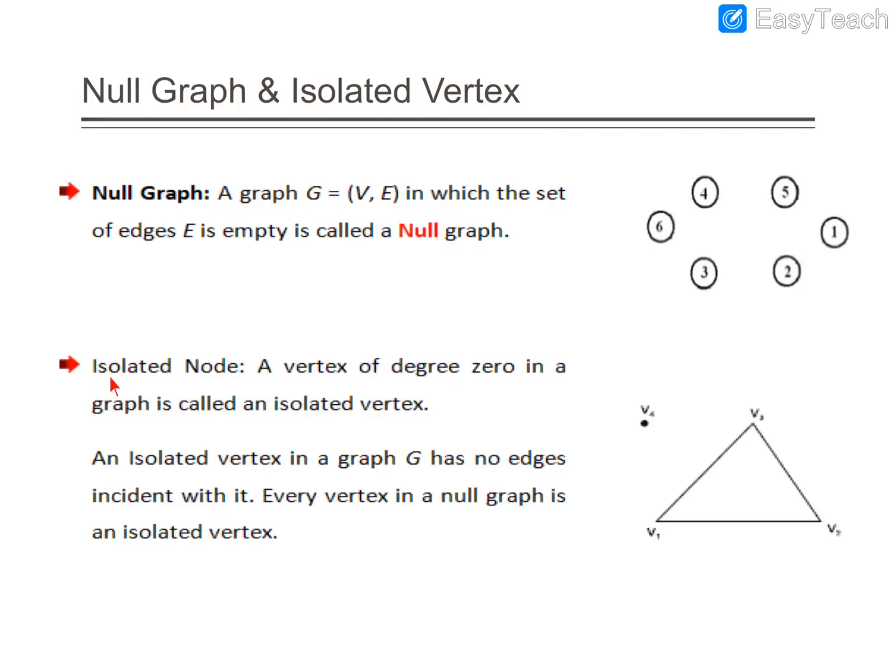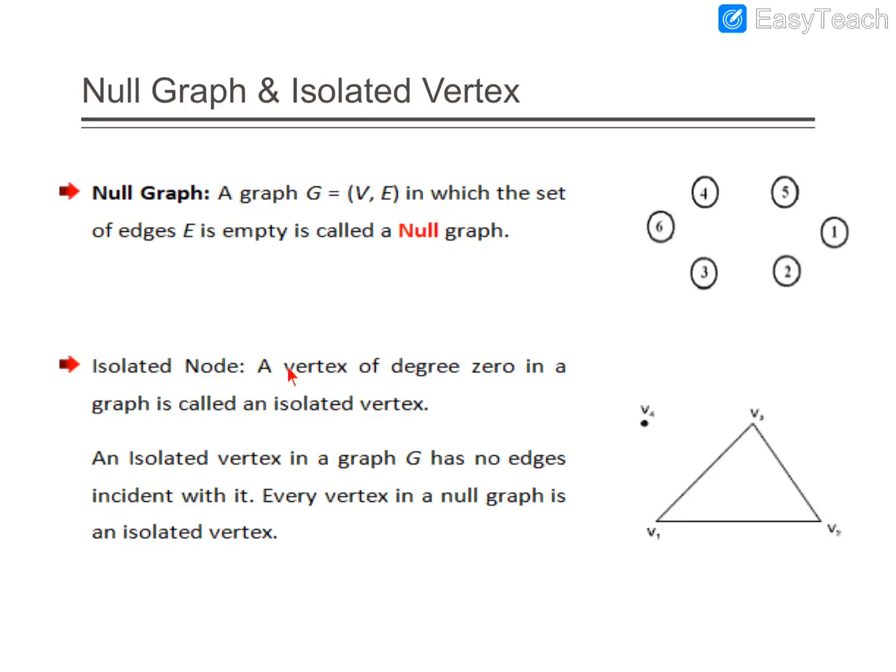Now, what is an isolated node? A vertex of degree 0 in a graph is called an isolated vertex. So in the given graph, V4 is an isolated node because it is not connected with any edges, therefore its degree is 0.